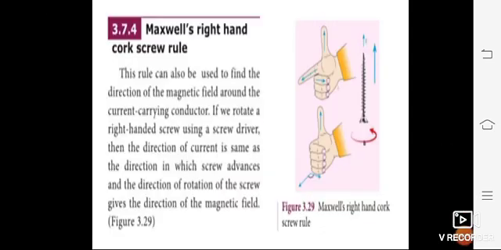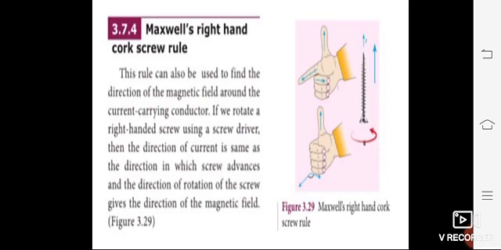Next, Maxwell's right hand or corkscrew rule. This rule is also used to find the direction of the magnetic field around a current carrying conductor. If we rotate a right-handed screw using a screwdriver, then the direction in which the screw advances is the direction of the current, and the direction of rotation of the screw gives the direction of the magnetic field.